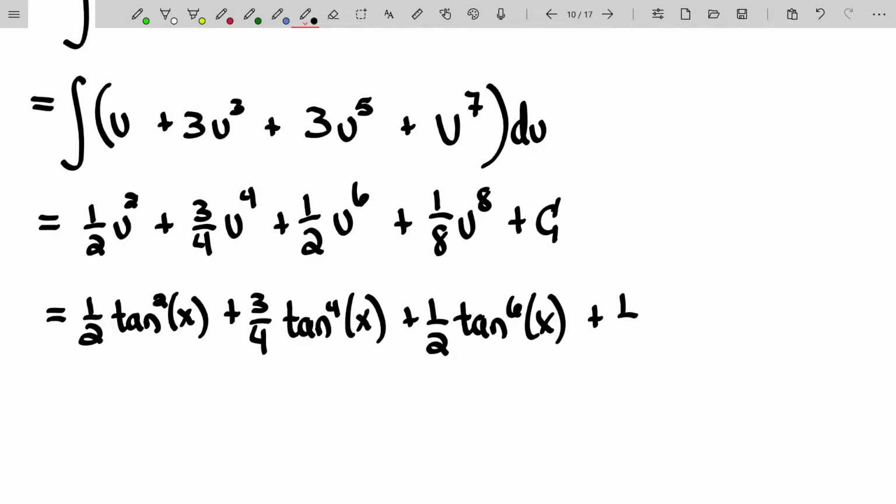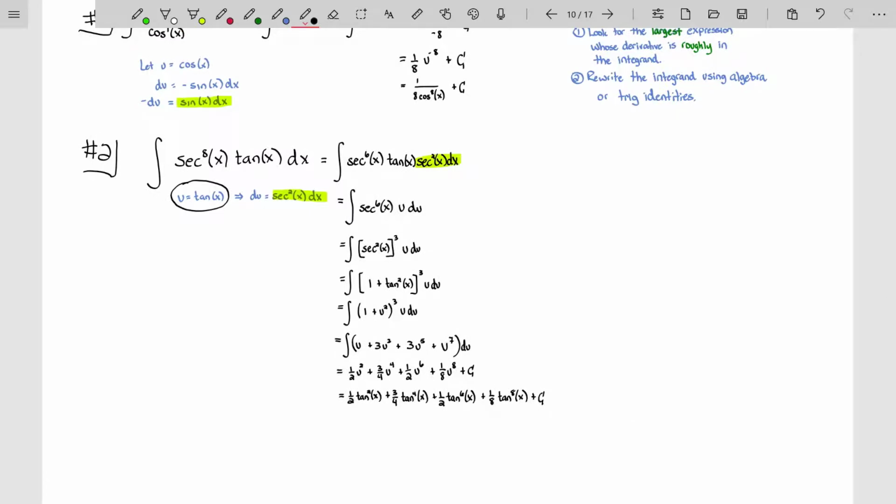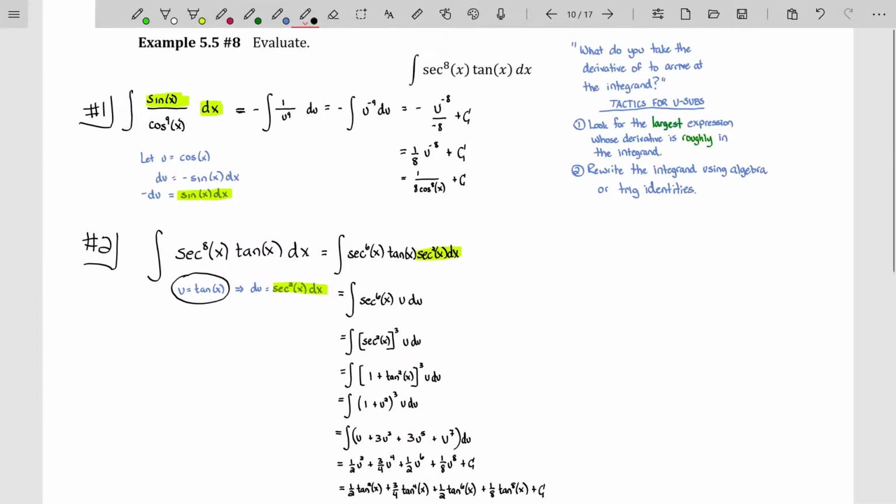Plus 1/8 tangent to the 8th of x plus c. That is actually the same answer as our simple answer up above, which was 1/8 cosine to the 8th power of x plus c. They're the same answers, just this one at the bottom here requires a lot of compression to get it down to that format. So you can see the difference between those two methods.